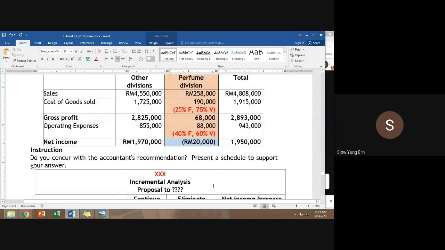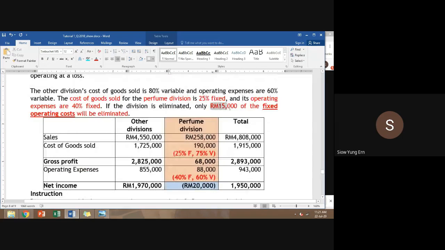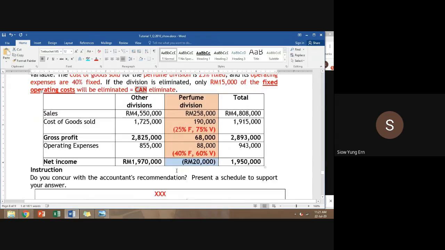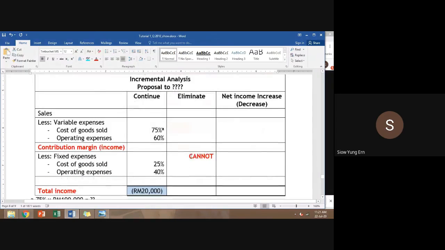15,000. Okay, we look at the question. 15,000 of fixed operating expenses will be eliminated. Will be eliminated means you can eliminate. But this portion is cannot eliminate.